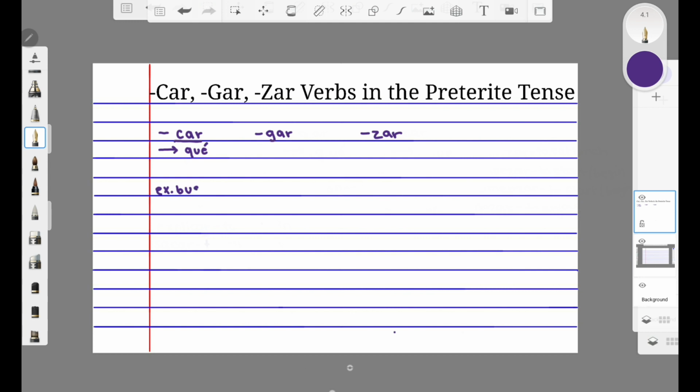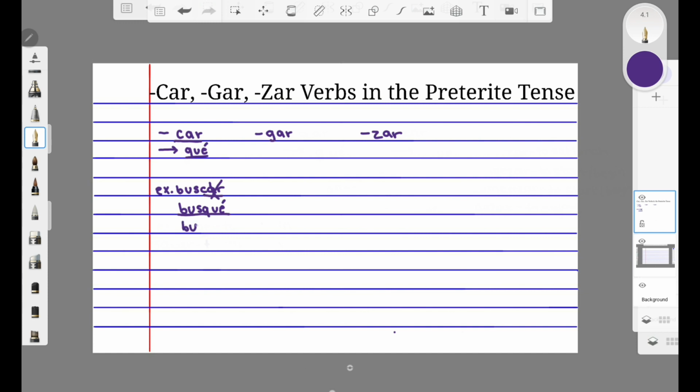So if we were to look at an example, buscar, and I want to say buscar in the yo form in the preterite tense. So I want to say I looked. I'm going to get rid of the entire CAR portion and add in my QUE ending. Busqué. But afterwards, the rest of my conjugation chart is still going to be the same.